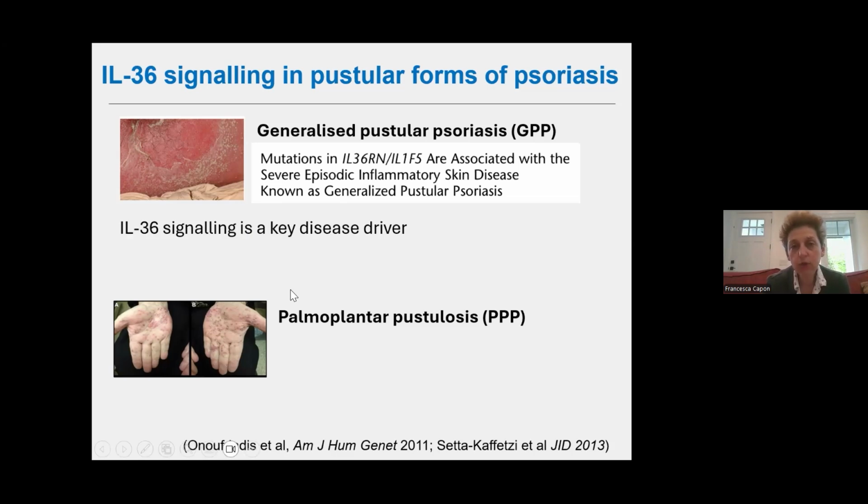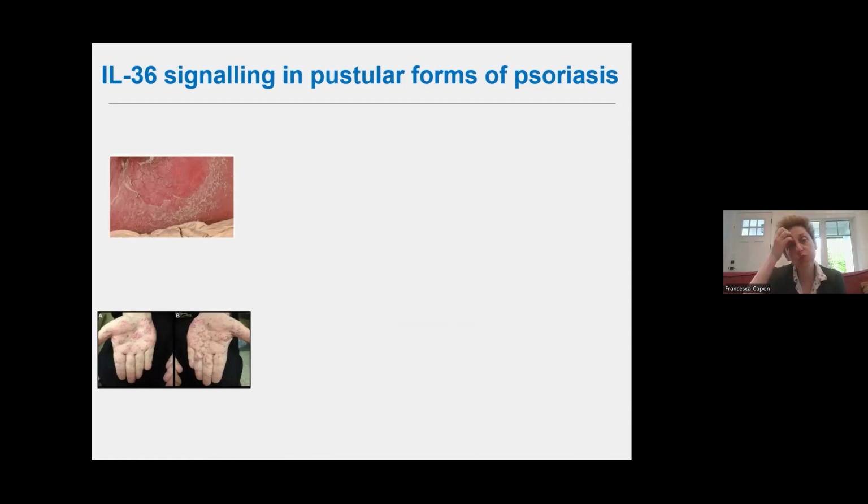However, when we looked for IL36RN mutations in cases of palmoplantar pustulosis, we found very few. So early on, genetics was telling us that IL-36 signaling is a key driver of generalized pustular psoriasis, but not of palmoplantar pustulosis. And this was borne out by the results of clinical trials.